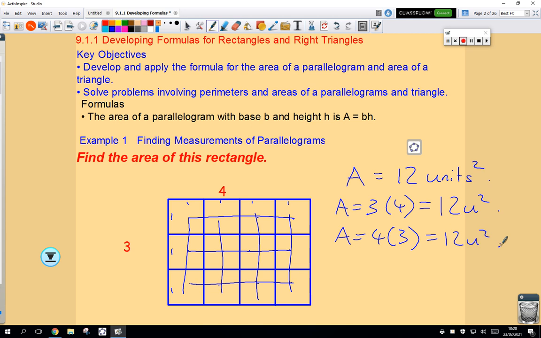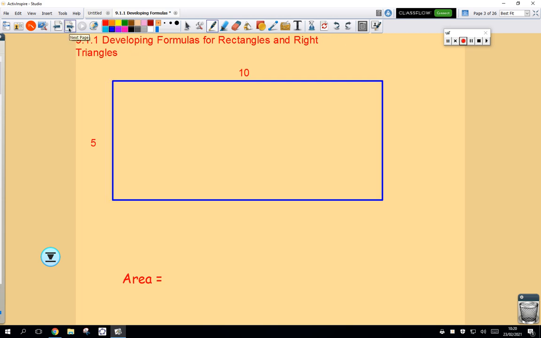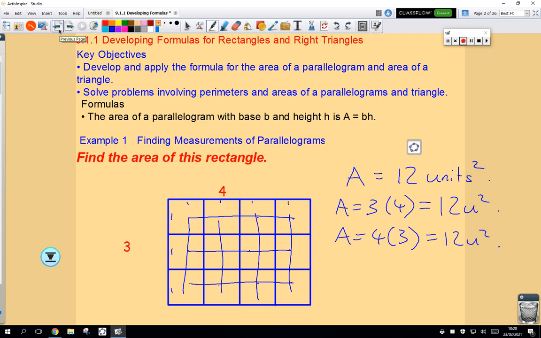But the key detail is we're multiplying the number of rows by the number of columns here. In other words, we're multiplying the length of it by the width of it. So to find the area of a rectangle, we can just multiply the length by the width.